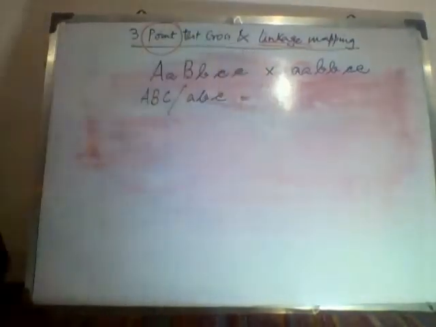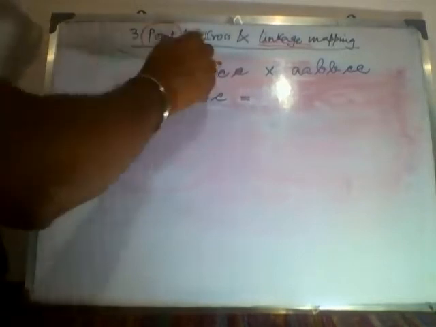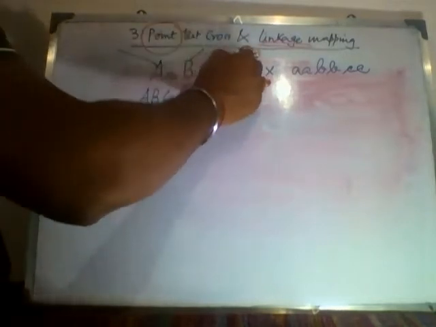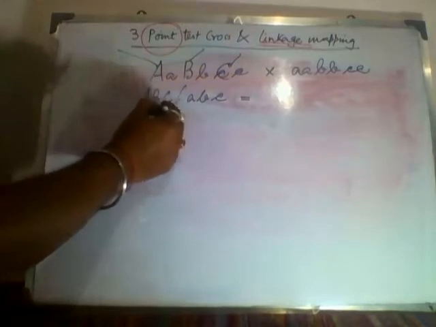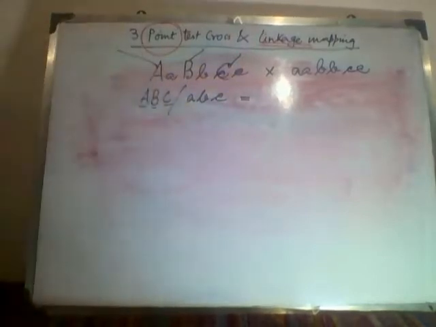You will find some of the plants. If I give now the dominance relationship, suppose capital A is a dominant gene, B is a dominant gene, and C is also a dominant gene. So this class of plants will be showing you the phenotype of A, B and C, of all three characters.